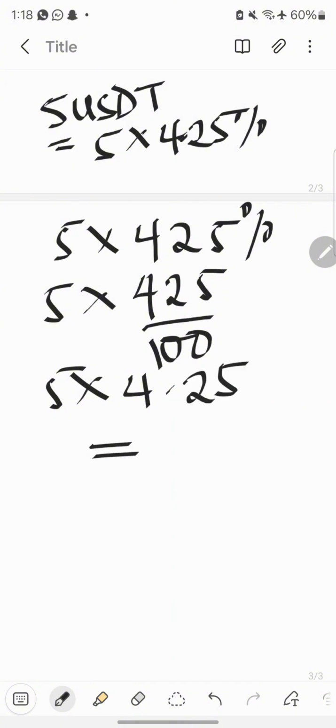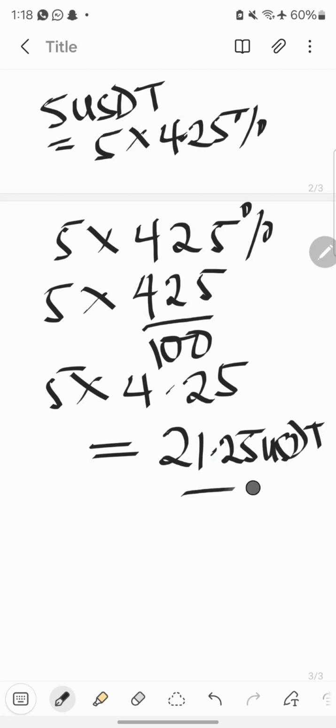I hope you are getting it. It's just normal calculation. If you go over it again and again, you get it. So you have a profit of 21.25 USDT from that trade alone if you use 25x leverage.